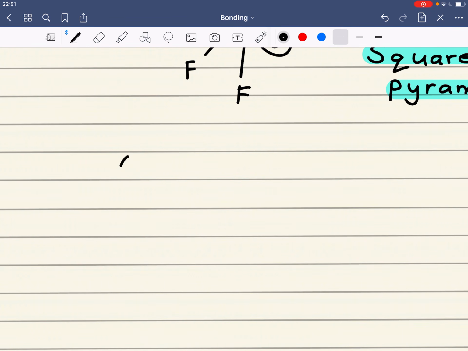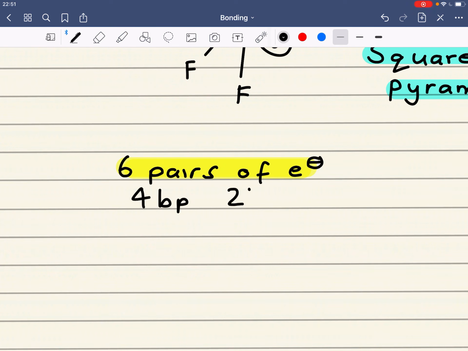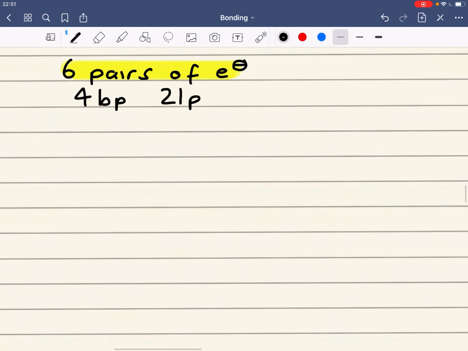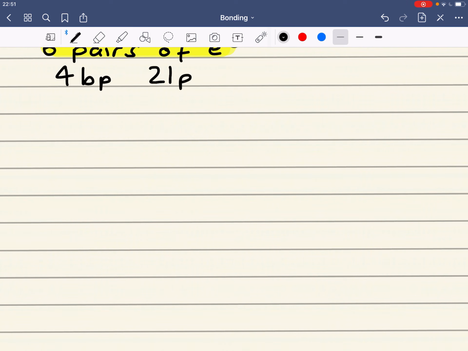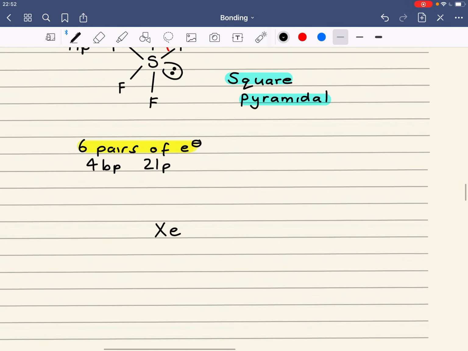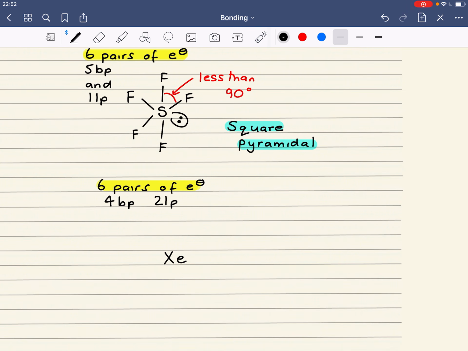The last one of these, if I've got 6 pairs of electrons, and this is where we've got 4 bonding pairs and 2 lone pairs. And an example of this would be XeF4, xenon tetrafluoride. And here, for the lone pairs to get as far apart as possible, if we think about our octahedral structure, the lone pairs are going to be here and here. They're going to try and be as far apart as possible.